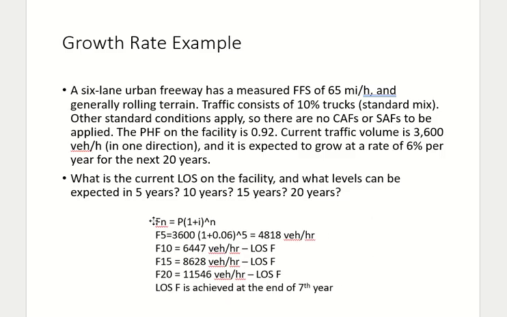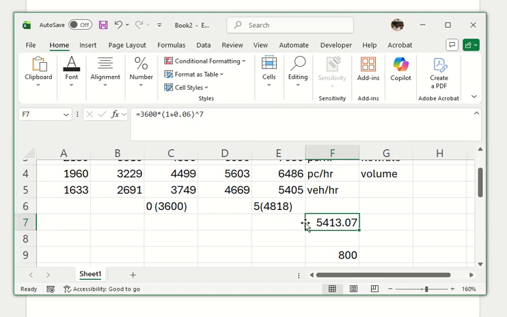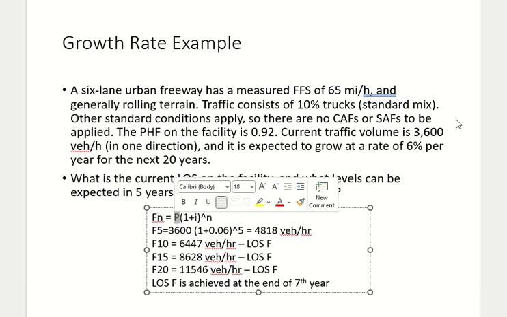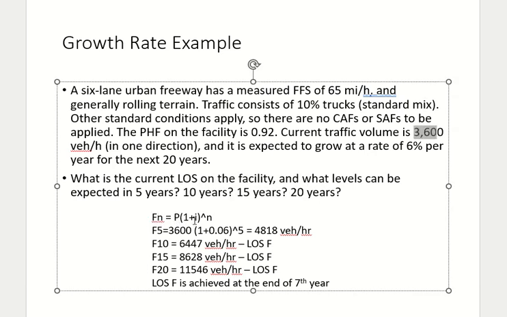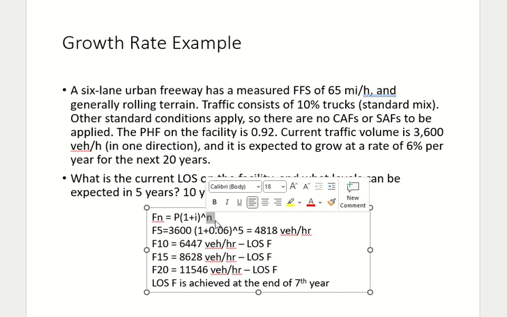I put the future value as the maximum of E, present value 3600, growth rate 6%. Number of years we don't know. This is what I want to calculate.